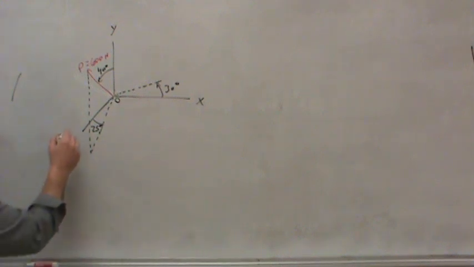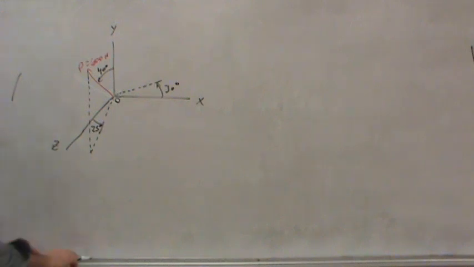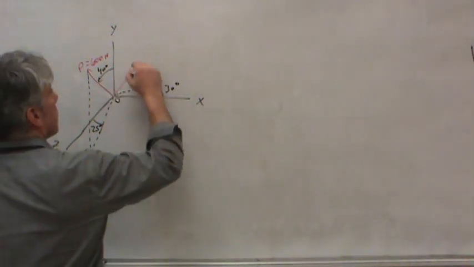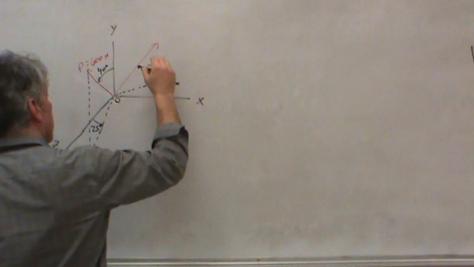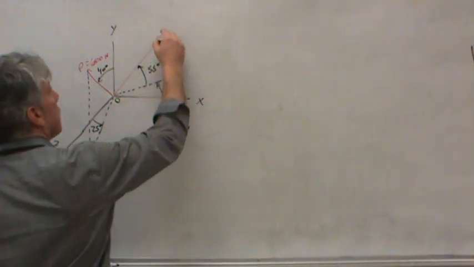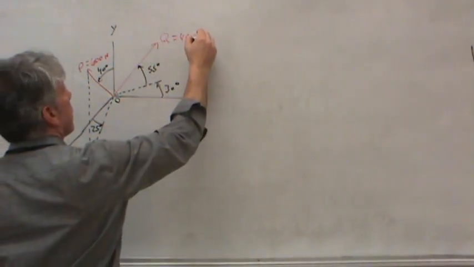Move z a little bit so it makes more sense. There we go. And then the other force Q is 450 newtons, and it's something like that, and measures 55 degrees off this line. So there's Q at 450 newtons.